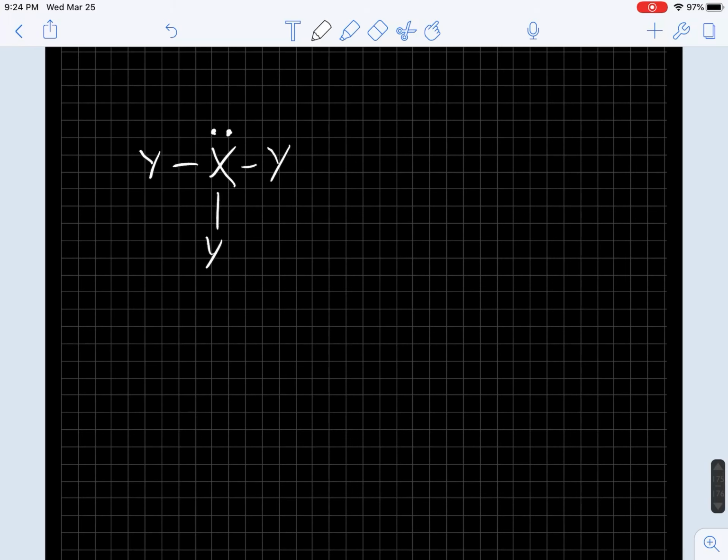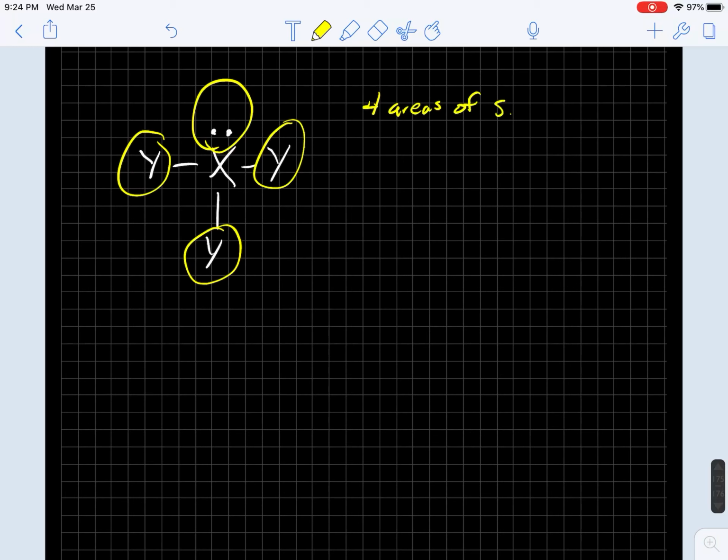Well, each of these components consumes a certain amount of space around the atom. And in this particular model, there's 4 areas of space. The theory is that since these are electron pairs, we know that electrons tend to want to, when they get close together, spin in opposite directions.